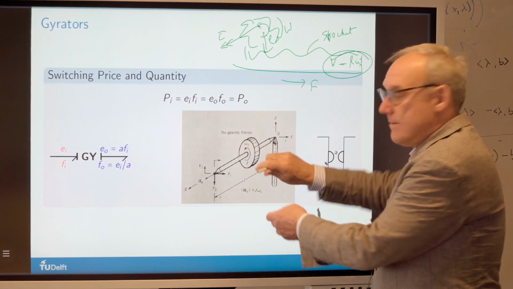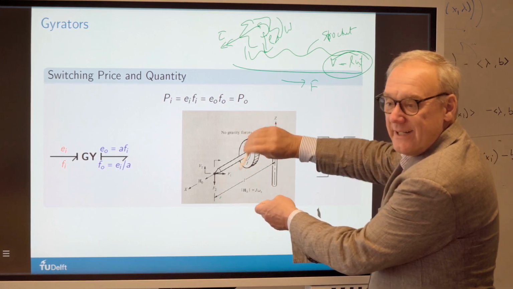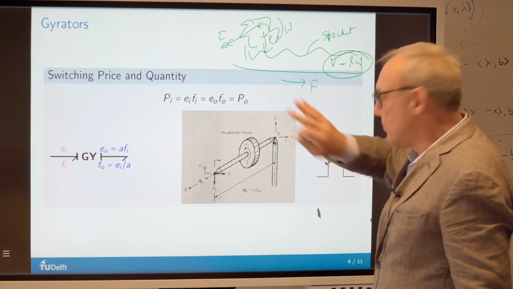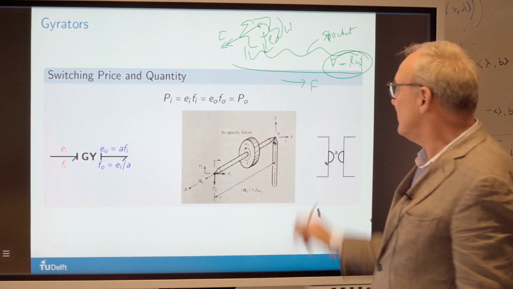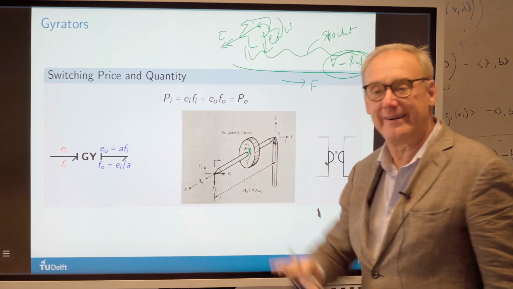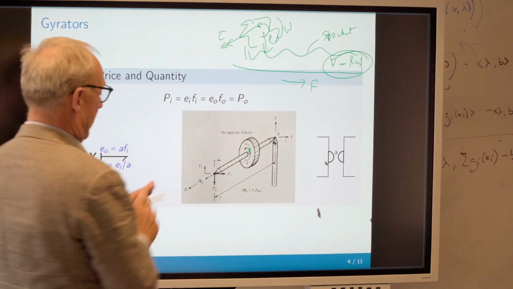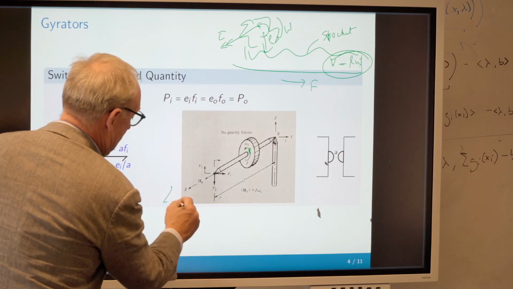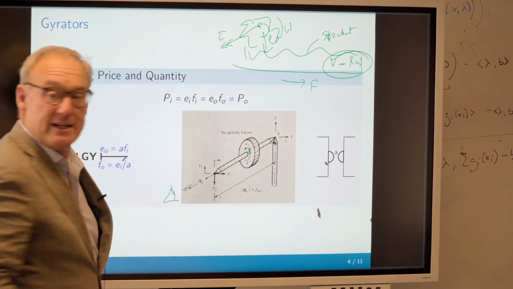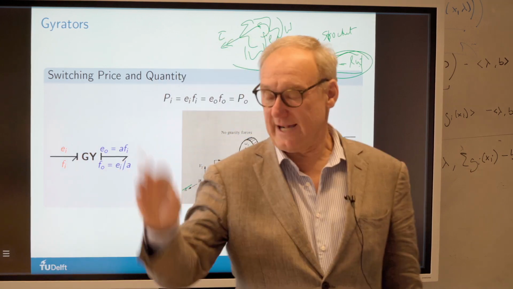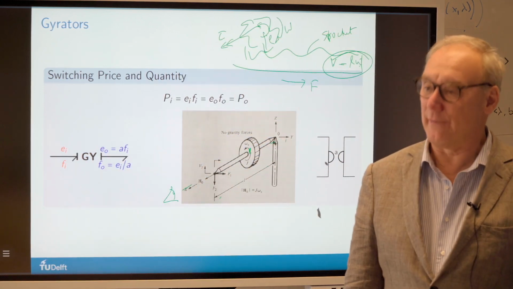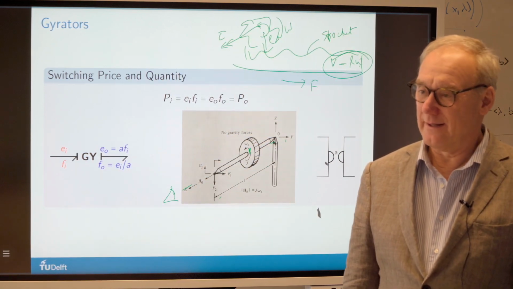You need this extra dimension to create this silly leverage here, right? But if you project that down, and you just say that's a number here somewhere, then maybe you can measure. So you have to look at this thing from along here, right? You've got to put your eye here, and if you look at this, this mechanism will act as a 2D gyrator.